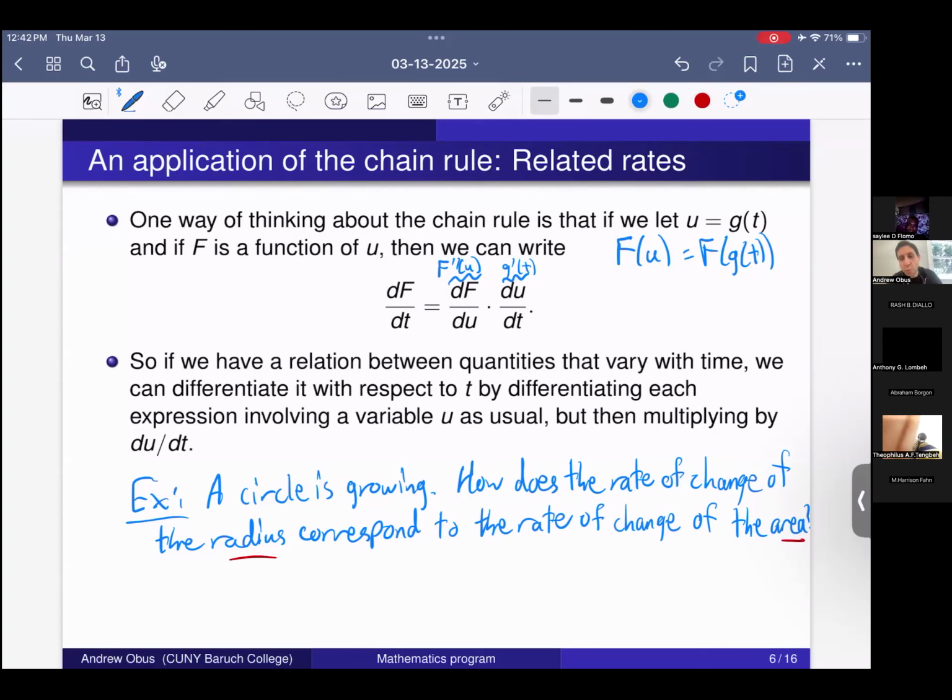Well, the idea is we first write down the formula relating radius to area. So the area is pi times r squared.